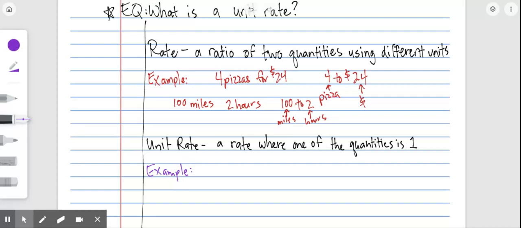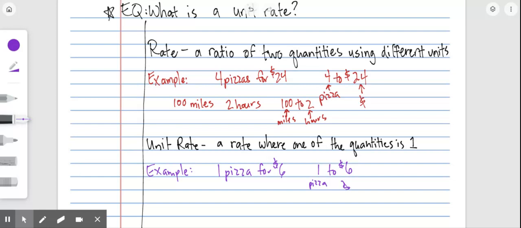Well, then I could get 1 pizza for $6, right? So the unit rate here is 1 to $6, where the first number is pizzas and the second number is money. So that's a unit rate because one of the numbers is 1.